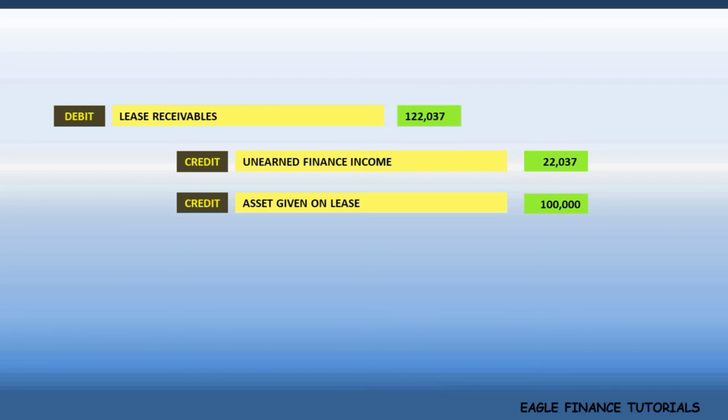Let's make a quick comparison of the entries under practice 1 and 2. That is without residual value and with residual value guaranteed by the lessee or his group.